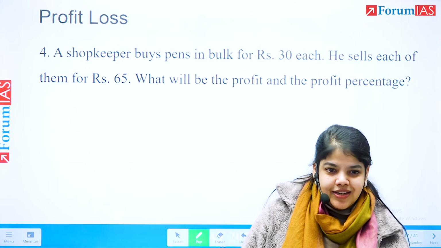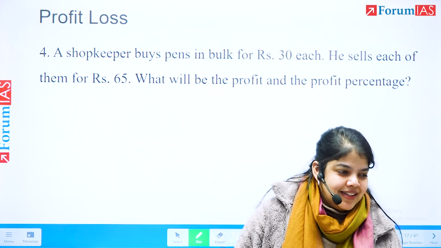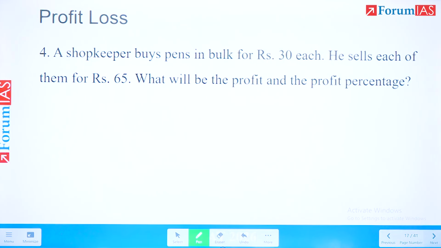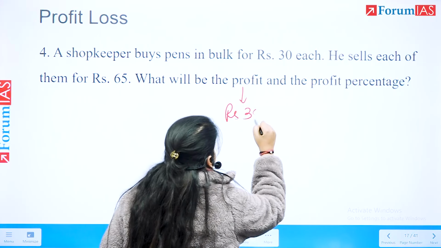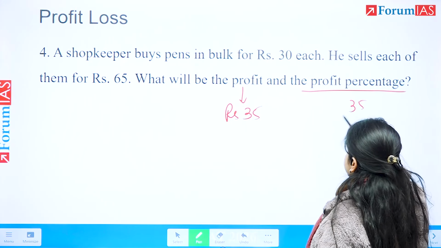It will definitely be more than 100% because 100% would have been 60 rupees. Calculate. So what is the profit per pen? 35 rupees. Profit per pen is 35 rupees. And profit percentage: 35 divided by 30 or 65? 30 into 100. 35 divided by 30 into 100.